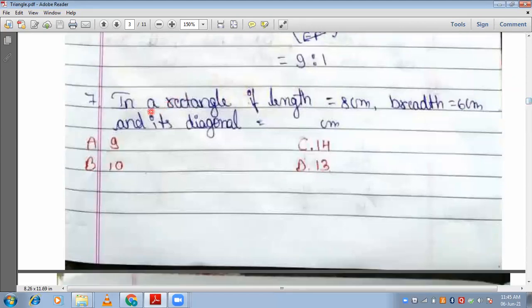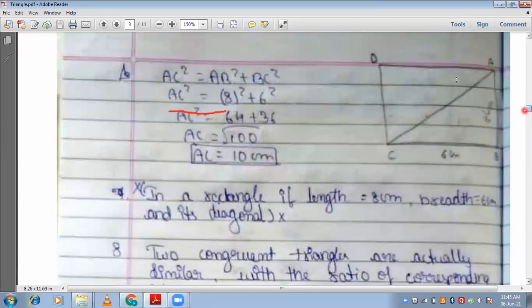Seventh question. In the rectangle, if length is 8 cm, breadth is 6 cm, its diagonal equals dash. Rectangle means what? All angles in the rectangle must be equal to 90 degrees. Is it right? Yes.